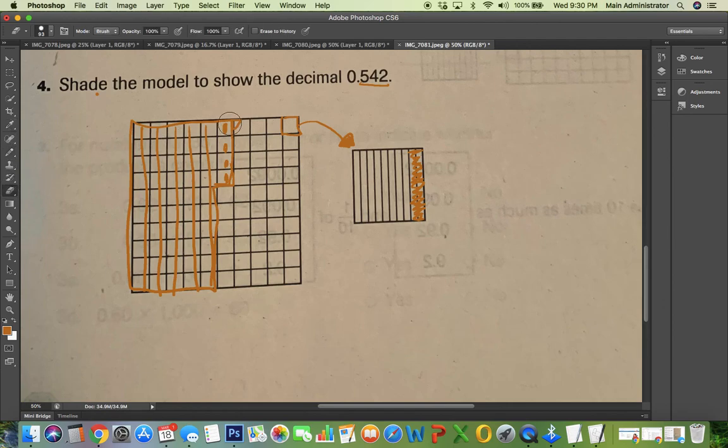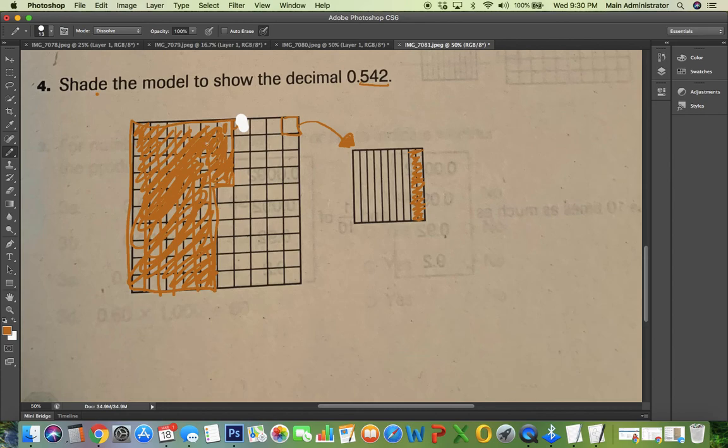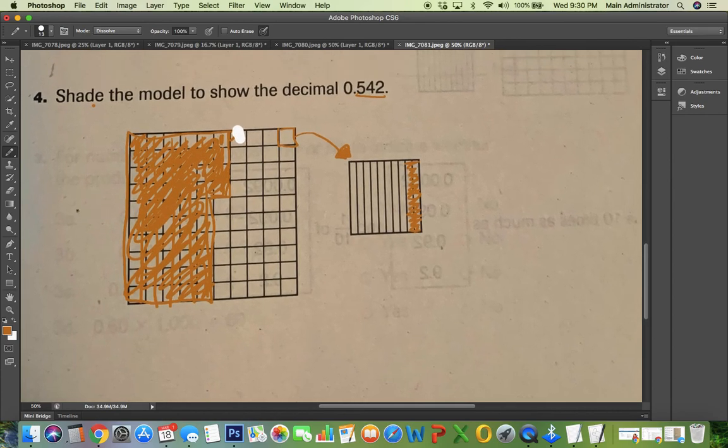Oopsie, let me erase that out of there. Oh dear, I didn't mean to do that. Well, that's okay. Let's go back to this. And we would shade all of this in. This indicates the 54 over here. And this is the 2/10. Alrighty. And that is it for SB7.